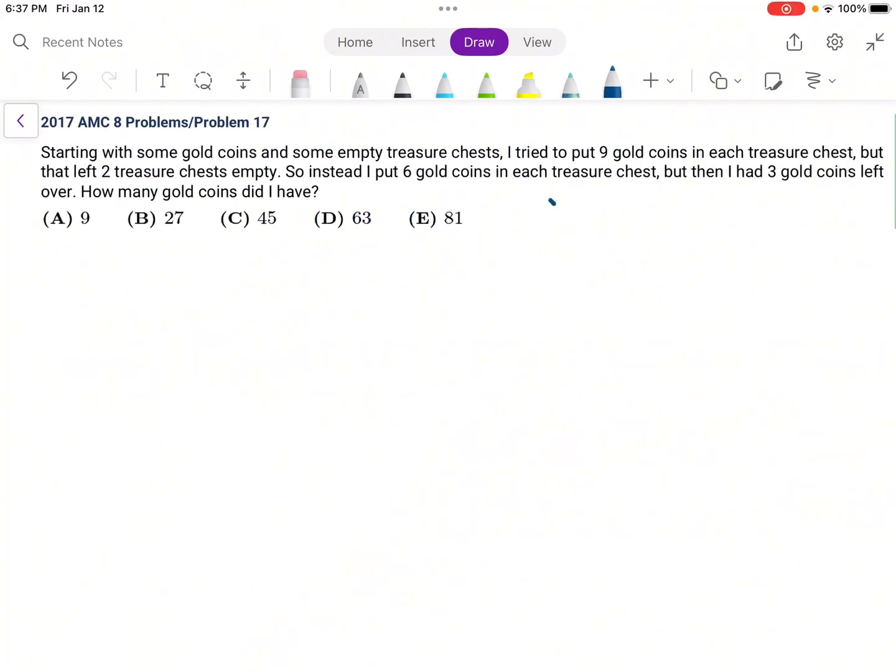Let's use G to represent the number of gold coins and T to represent the number of treasure chests. Because when 9 gold coins were put in each treasure chest, 2 treasure chests are empty. That means G divide 9 equals T subtract 2.